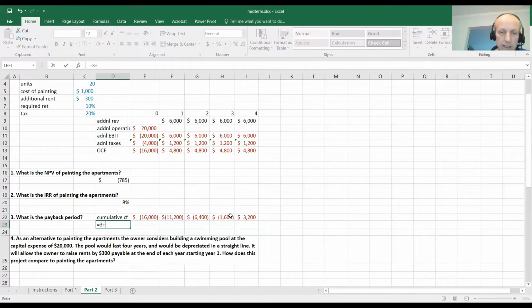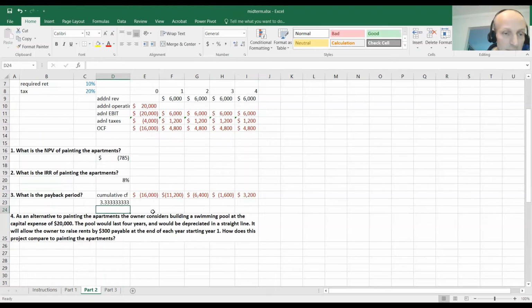Well, let's take that 1,600, I'm going to just use it as an absolute value, of 1,600 divided by the 4,800, so I can see how long into year 4 we will need to cover the $1,600 deficit from the end of year 3, and that's 1/3. That's basically a quarter of a year. No, a third of a year. Okay, so 3.33 is the payback period.